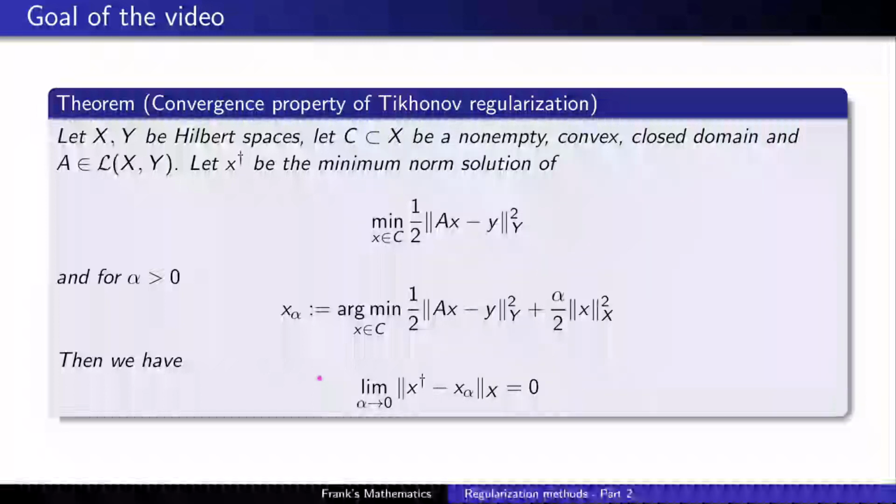So we have two strong results stated here in this theorem. Number one is X alpha converges to the minimum norm solution. This is not guaranteed by, why should this be guaranteed by some regularization term? And number two, I want to focus on that, we are living in infinite dimensional spaces.